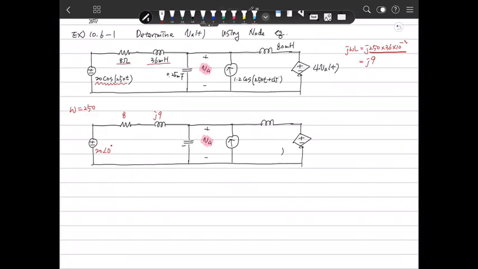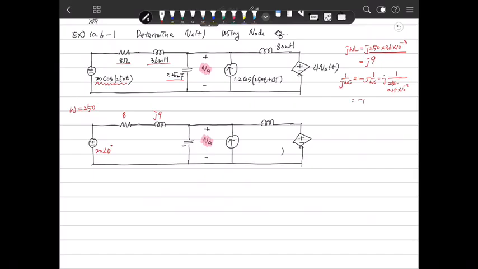And how about the capacitor? There will be 1 over j omega C, which is the same as minus j over omega C. Omega is 250, and the capacitance is 0.25 times 10 to the minus 3.